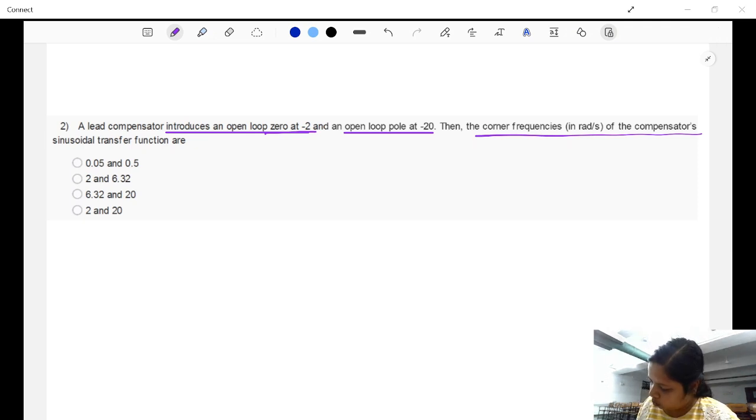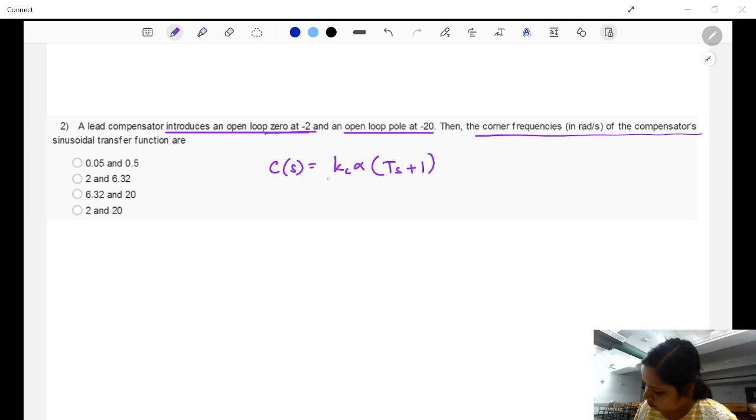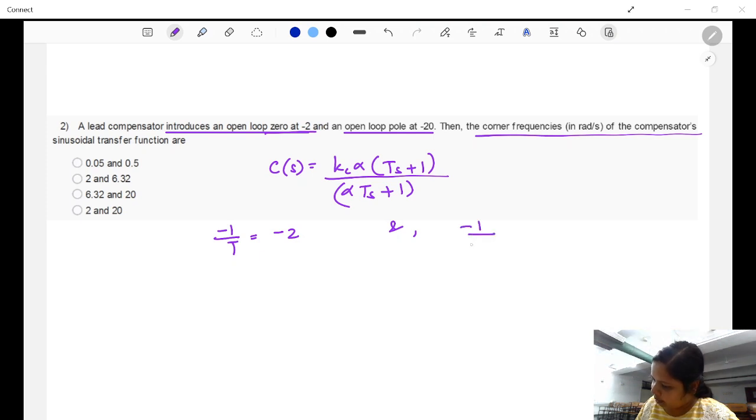The general form in which we had the compensator transfer function was given by this, right? This was the controller transfer function. Minus 1 by T is equal to -2 as per the question, and minus 1 by alpha T is -20.